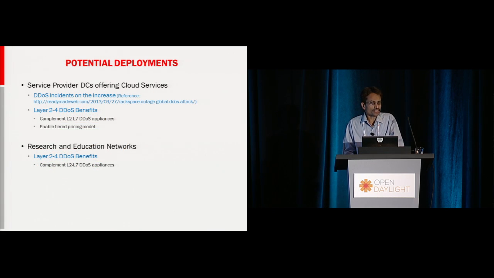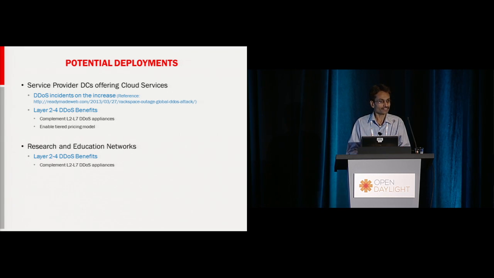So potential deployments where you have seen a lot of interest in this idea is especially where DDoS incidents are on the increase in the internet, and especially in public cloud data centers. You can read more in the reference, and Rackspace was subject to a huge DDoS attack which brought it down for several hours.